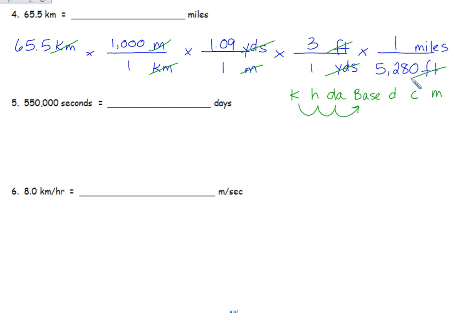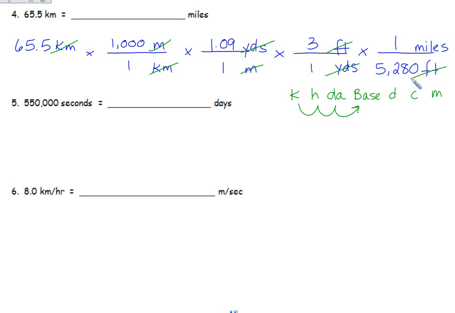When I plug this in my calculator, I multiply all the numbers on the top, and I divide by anything on the bottom. So we're going to go 65.5 times 1,000 times 1.09 times 3 divided by 5,280.